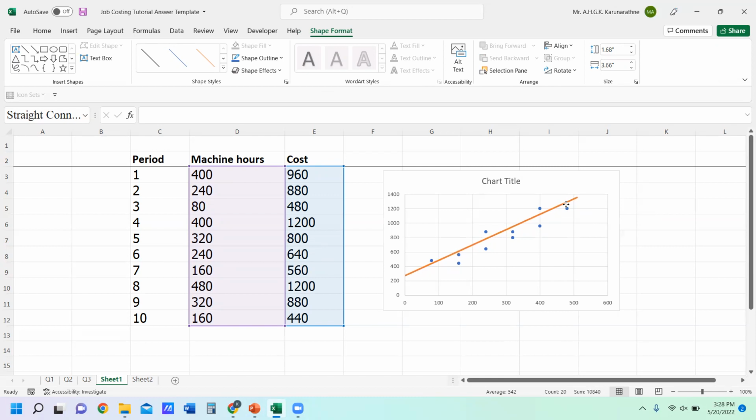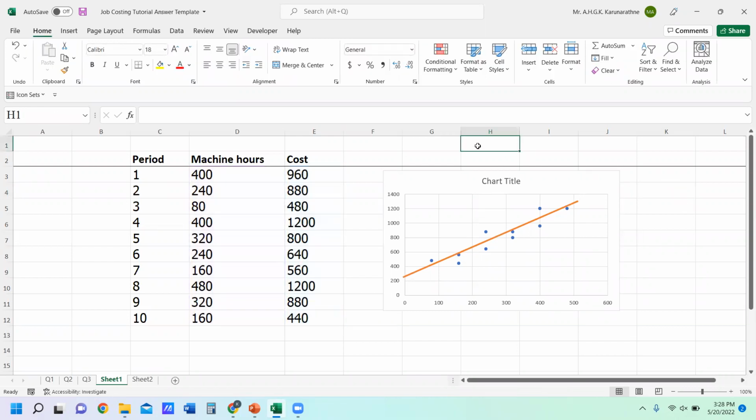Secondly, if you do this manually, you can extend this line like this. Using this graph, you can develop your regression line formula. You know how to develop the formula graphically. The y-axis intercept is your a, and the common formula, as we discussed last week, is y equals a plus bx.